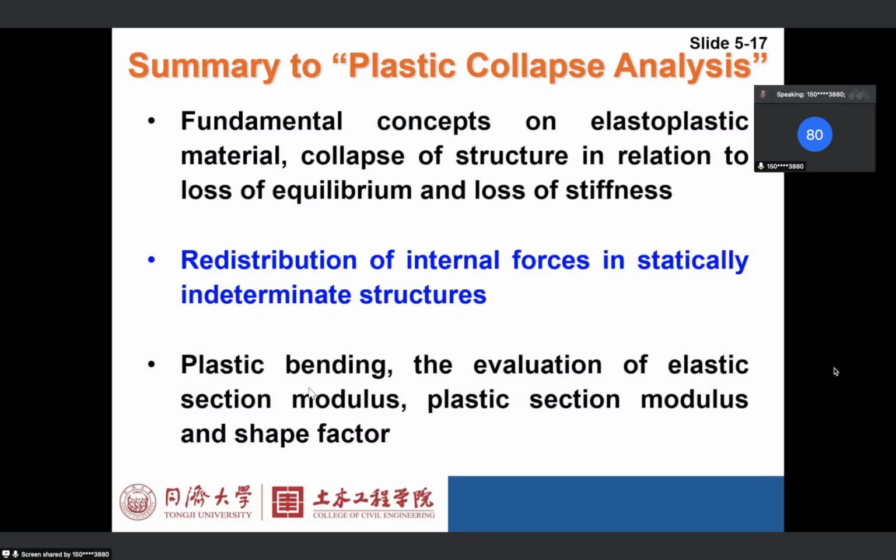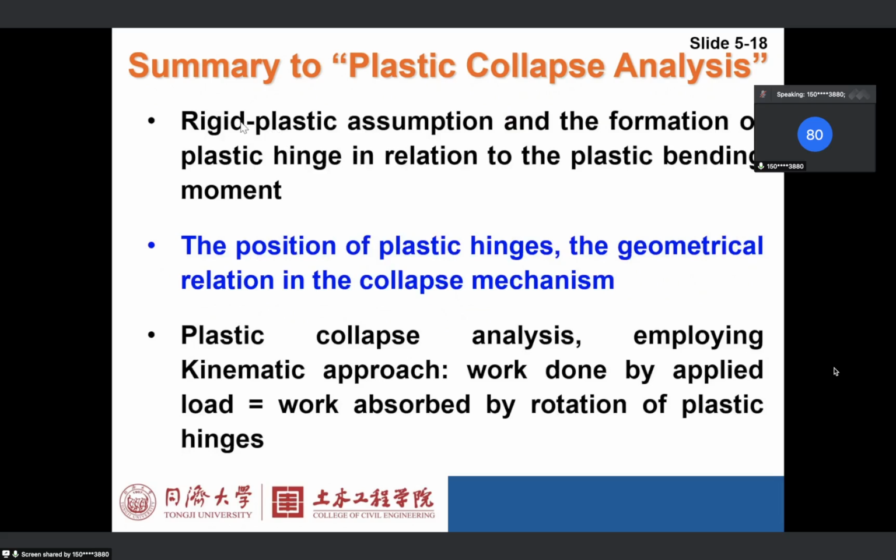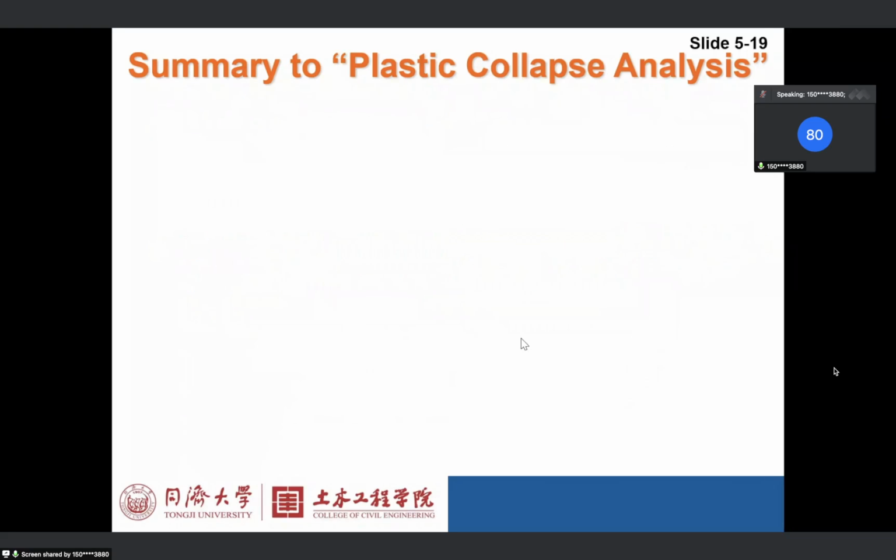So last week, we discussed the fundamental concepts: redistribution of internal forces in statically indeterminate structures, plastic bending, plastic hinge, plastic section modulus, and shape factor. Then we moved on to the rigid plastic assumption, and introduced the most important approach, the kinematic approach.